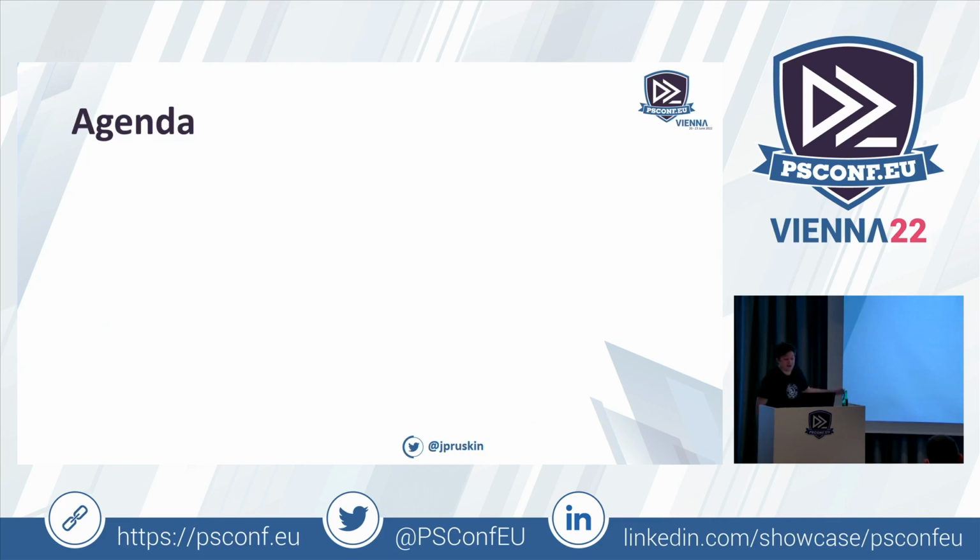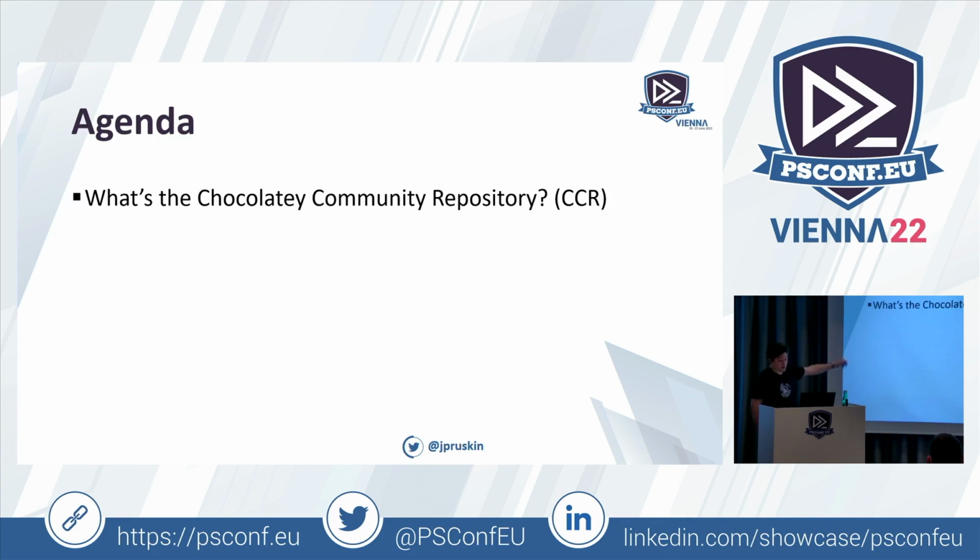So what's this optimistically titled talk going to cover? First, we're going to run through what the Chocolatey Community Repository is. It will be shortened to CCR in many cases because it's a lengthy name and hard to fit on PowerPoint slides in large text. Then we're going to cover what happens when a package is pushed to the Chocolatey Community Repository.